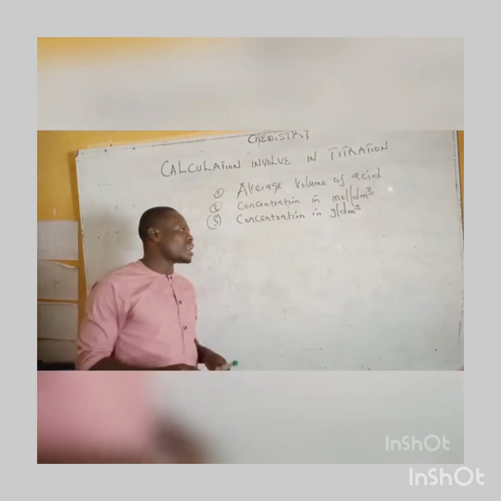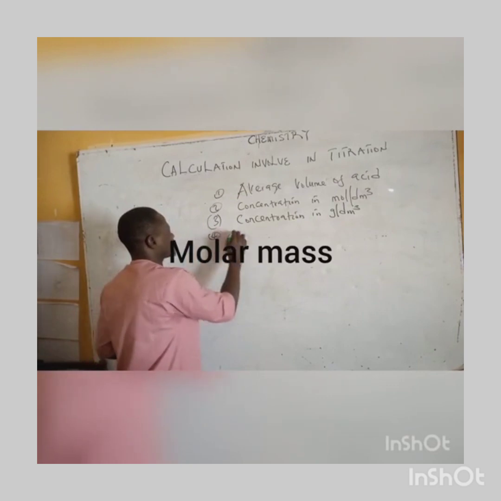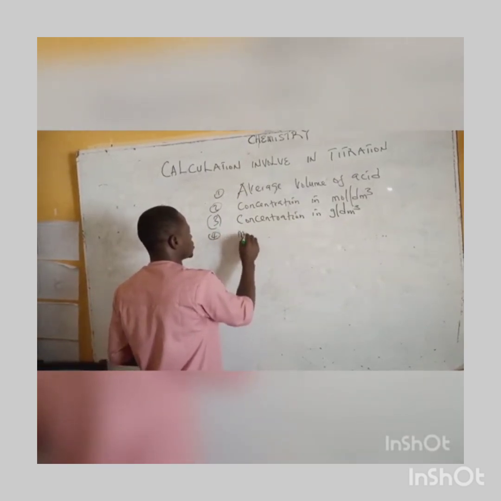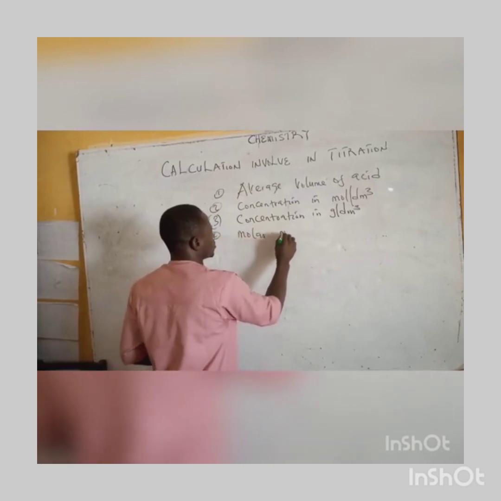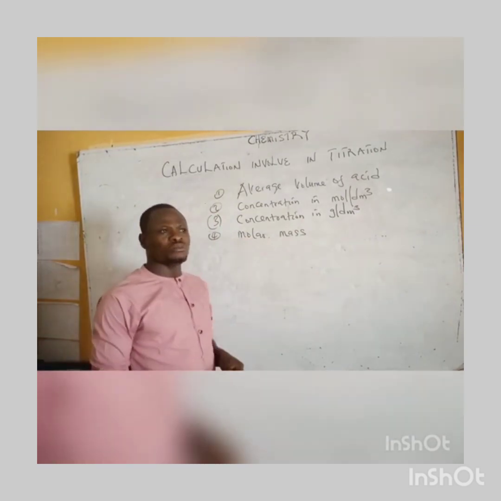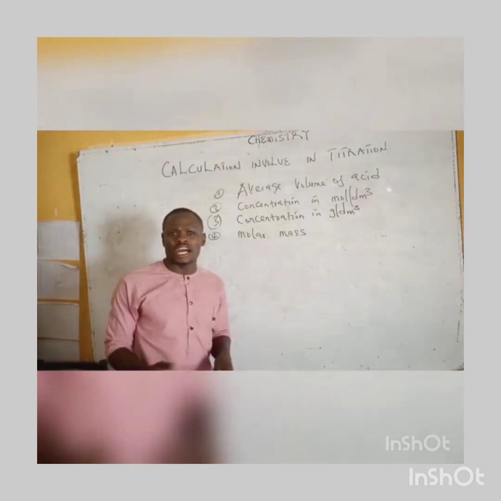Another thing you are going to be asked is molar mass. It is either you are to calculate the molar mass of acid or molar mass of base. That is always given in grams per mole.